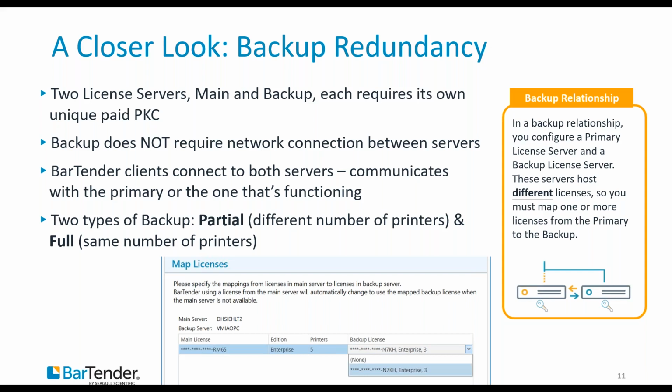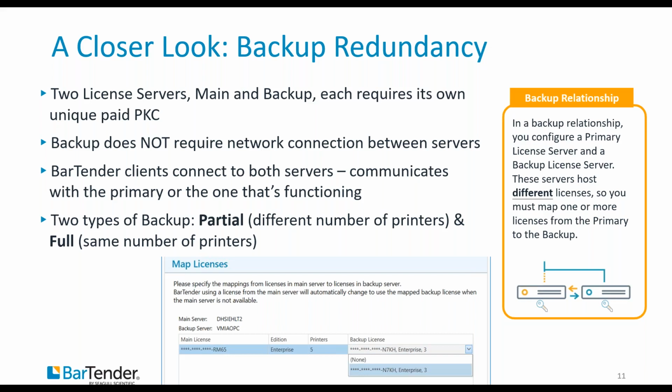The 2 servers are periodically synchronized with each other, so they do act in conjunction, even though they're discrete in nature. The license servers share the same configuration settings. Therefore, the backup can take over the responsibility of the main license server with an up-to-date licensing state when or if failure occurs and redundancy is needed.